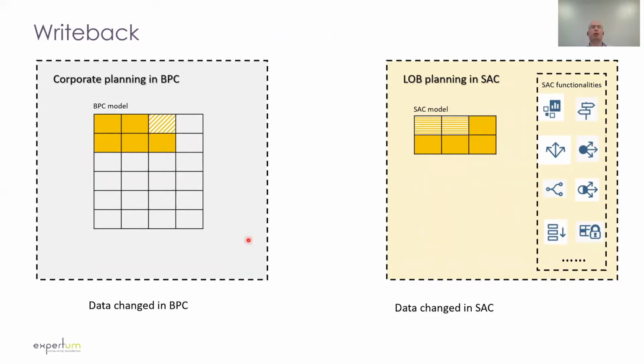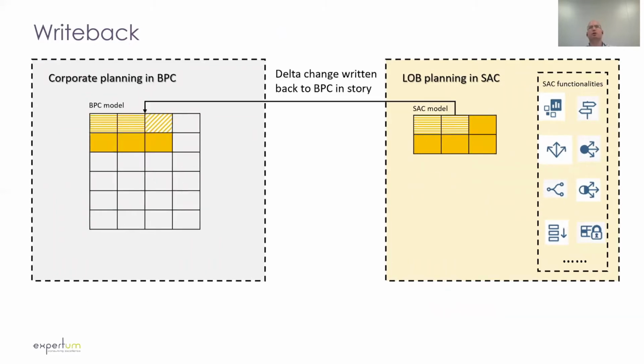That's the write-back mechanism. What it does is it makes a delta change from the SAC model back into the BPC model. So all the dashed blocks of information here are loaded back into the BPC model, but the slashed data that's changed in the BPC model is not loaded back yet.